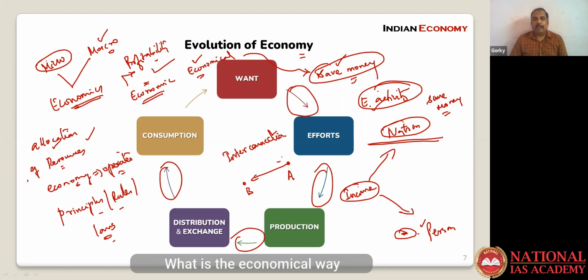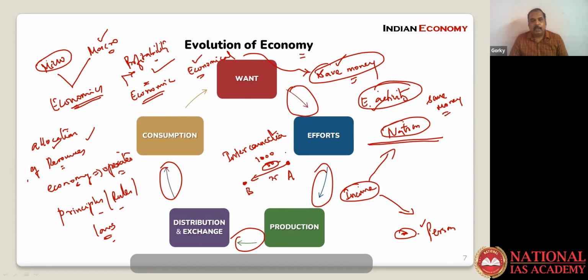What is the economical way of transporting this good from point A to point B? That means economical in the sense I am thinking about how to save money. So this mode, aircraft means 1000 rupees, railways means say 50 rupees, roadways means 75 rupees. So the economical way is to send by railways because it is only 50 rupees.